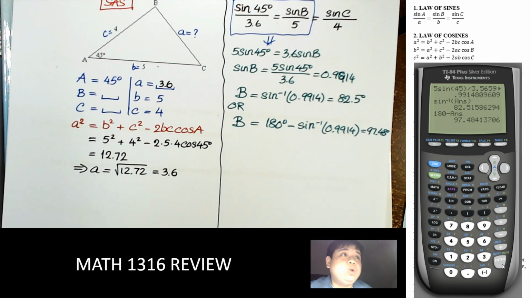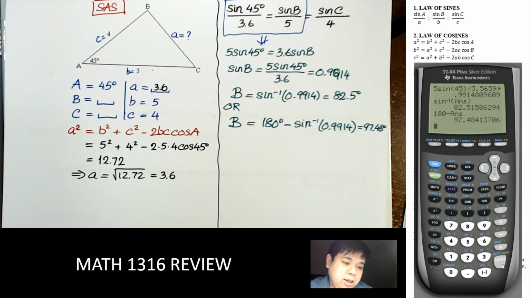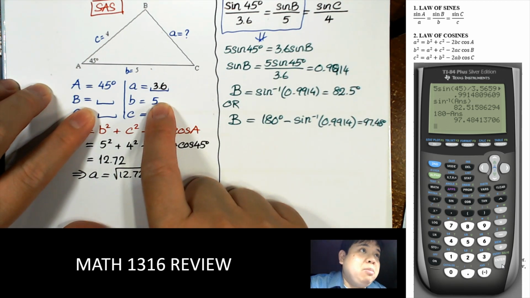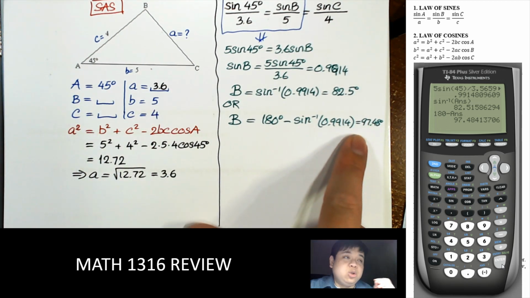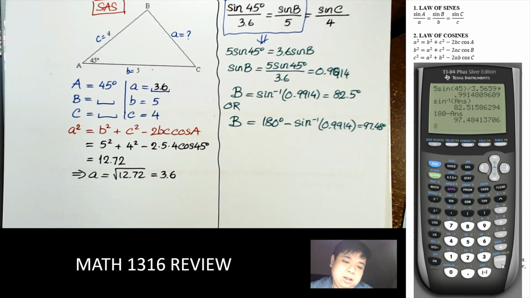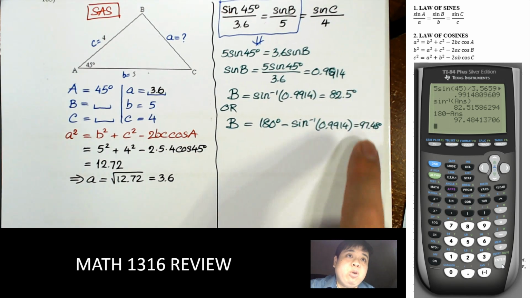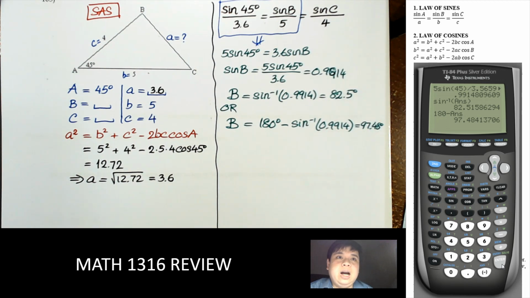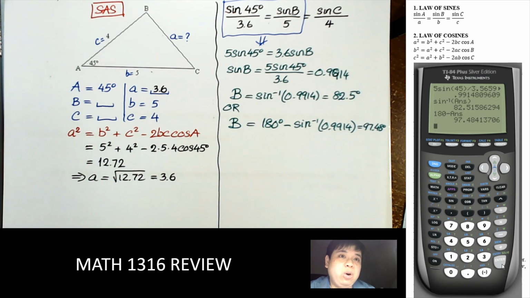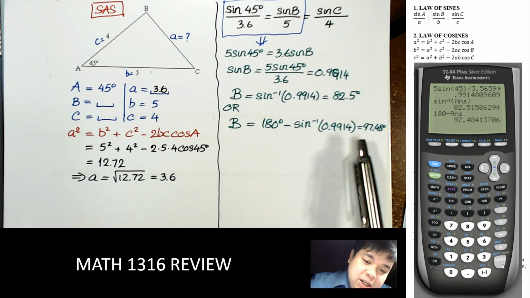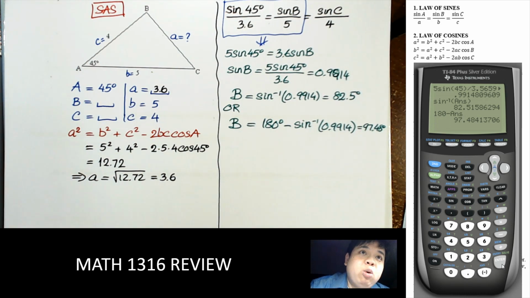Right, my question is which one is which? 5 for B, right? So side b is bigger than a, so we know the answer is going to be bigger than 45 degrees. And we do have both of them bigger than 45 degrees. So we just have to test both of them. But we know that this scenario only has one solution, so only one of them will work. So let's look at the bigger one, 97.48.